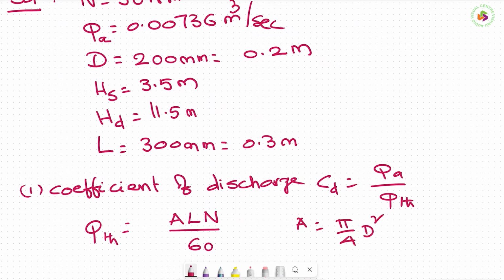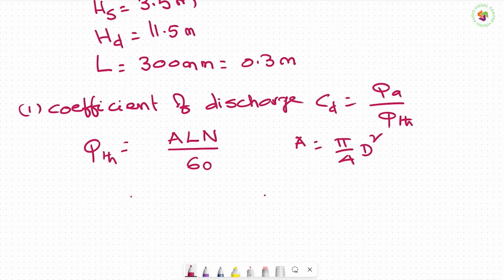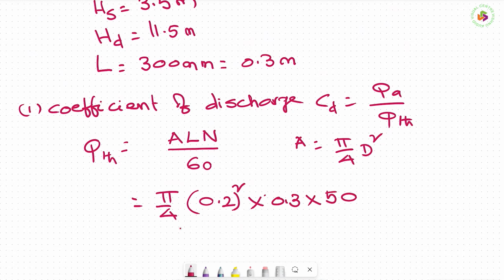L is given, N is given. So substitute: pi by 4 into 0.2 whole square, into length 0.3, into 50 RPM divided by 60.